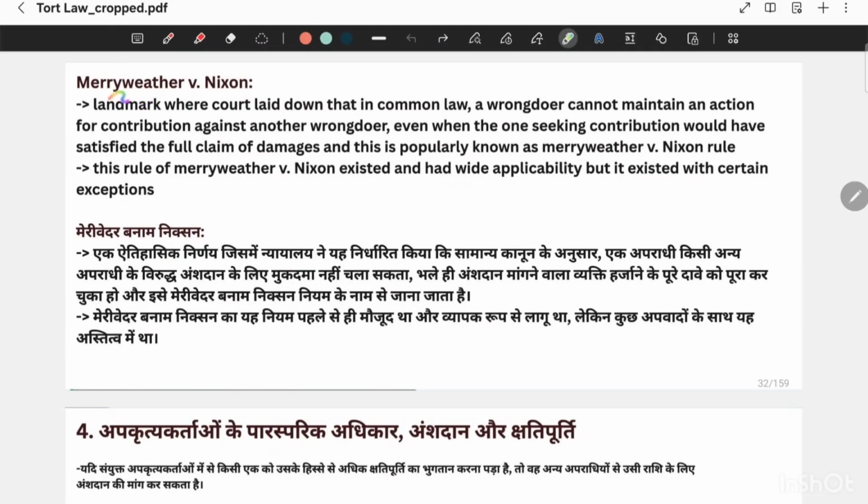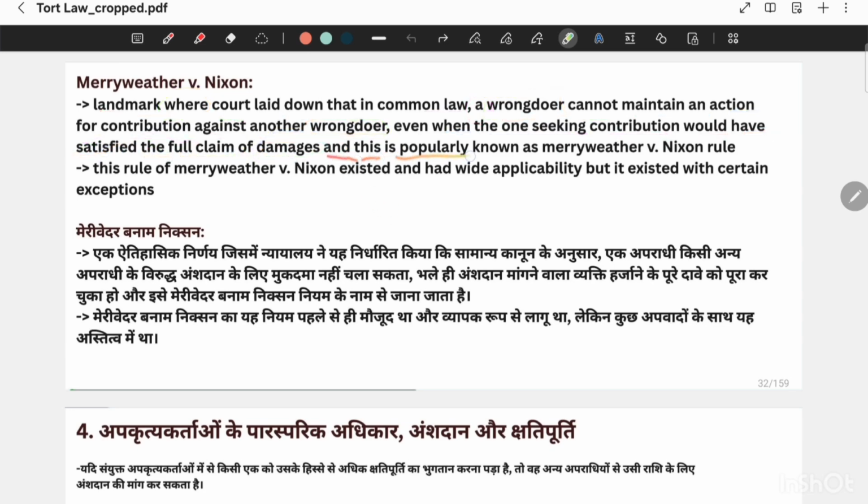So now we begin with the case law, that is Meriwether versus Nixon. This is a landmark case where the court laid down that in the common law, a wrongdoer cannot maintain an action for contribution against another wrongdoer, even when the one seeking contribution would have satisfied the full claim of damages.